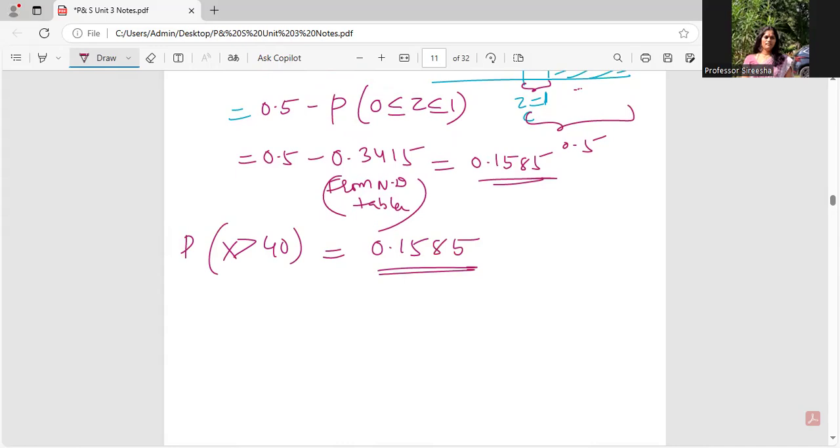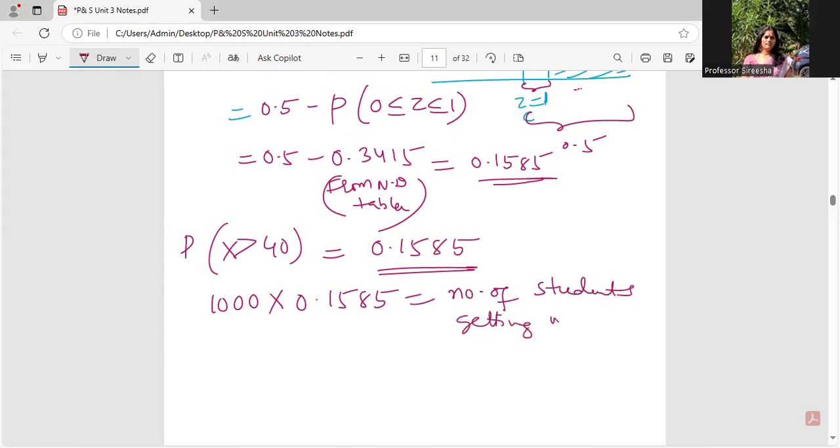This value, for 1000 students, what does it symbolize? 0.1585 gives me the proportion of students getting marks above 40. So how many students are there? 158.5. I can round this off to 159 as well. So 159 students are getting marks above 40.